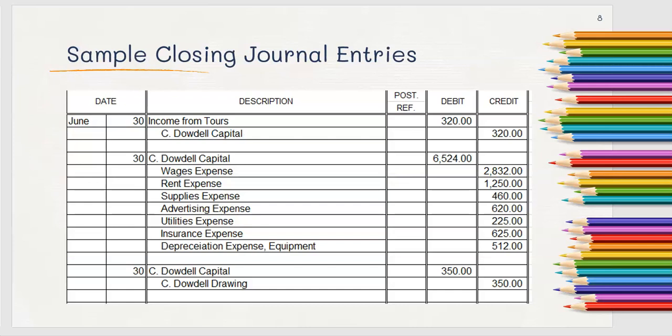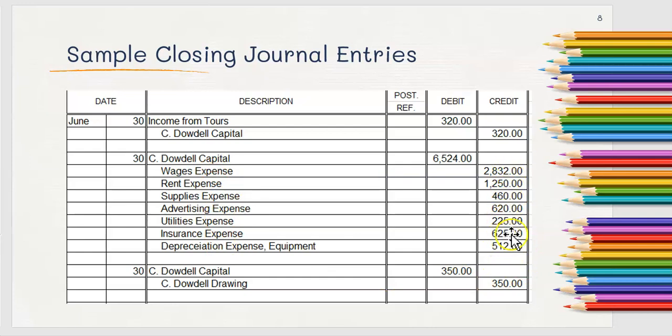So here we see some sample journal entries of how these closing entries actually appear inside of the general journal, and you see that our revenue account is debited and it is closed into the capital account. The capital account is credited. So the revenue is increasing our capital account. And here we have all of our expenses, and all of our expenses are credited to close them out.